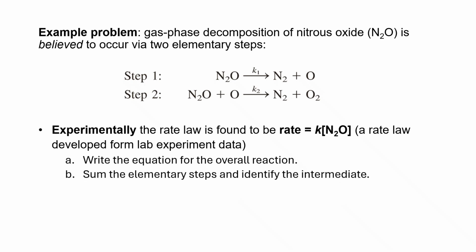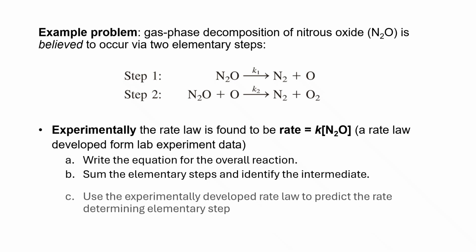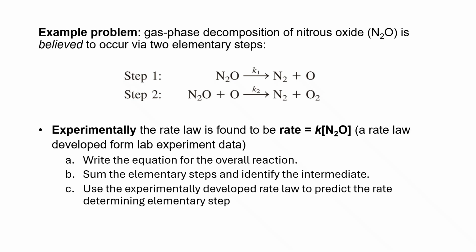Following that, we will sum the elementary steps and identify the intermediate. And then finally, we'll use the experimentally developed rate law, in other words, the rate law that we see before us here, and find out which of the elementary step rate laws matches the experimentally determined rate law, and that will allow us to conclude which of these two steps is likely to be rate determining.